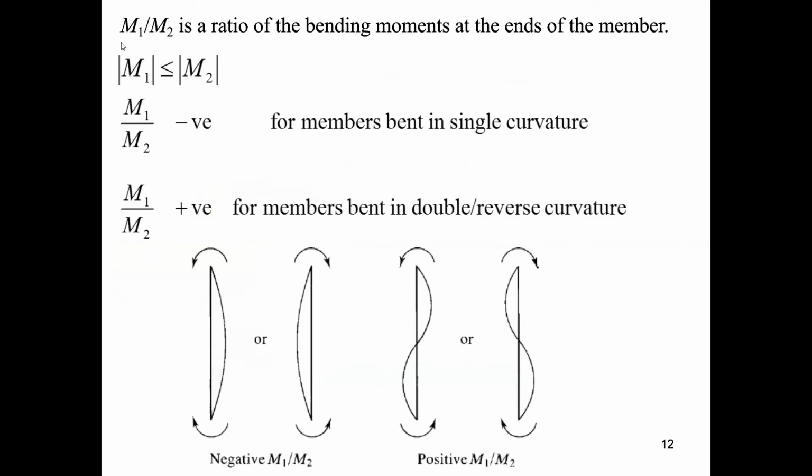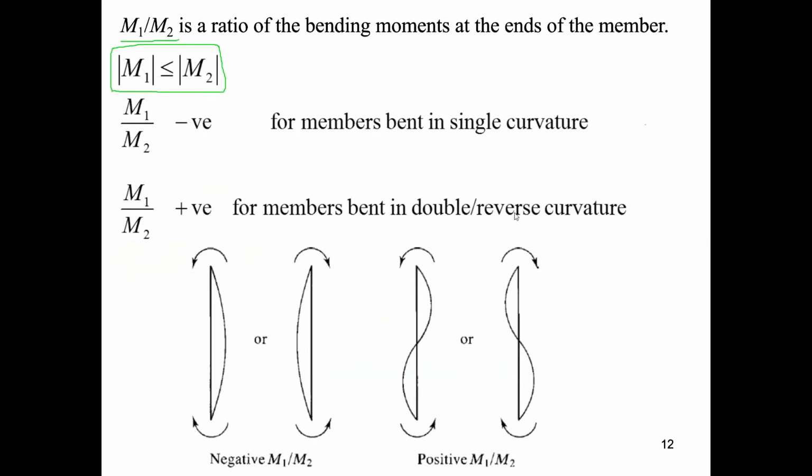Where M1 over M2 is the ratio of the bending moments at the ends of the member, the absolute value of M1 is less than or equal to the absolute value of M2. In other words, the absolute value of M2 is greater than or equal to the absolute value of M1.